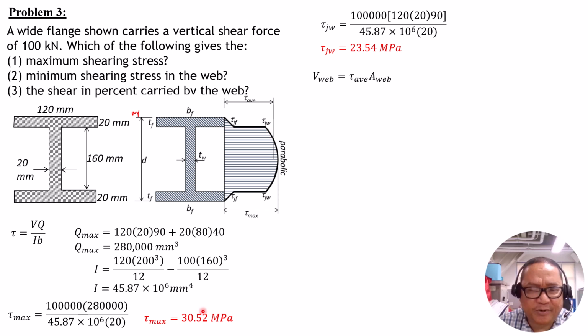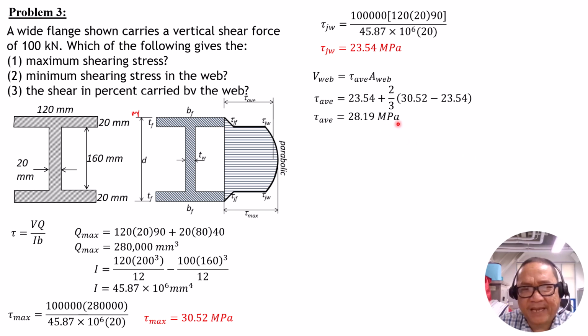We already computed tau max and tau JW, so we can compute tau average. It is equal to 23.54 plus 2/3 of quantity 30.52 minus 23.54, and that is equal to 28.19 megapascals.